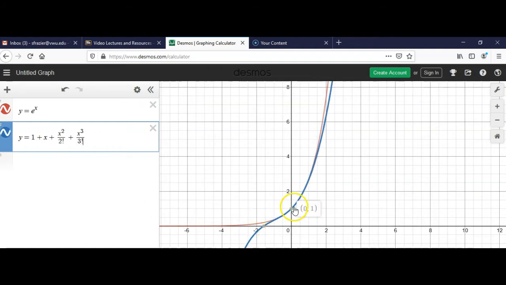So you can see as we add those terms, our blue curve starts to approach that e to the x curve. So if we continue to do this ad infinitum, you can see that the Taylor polynomial starts to become the e to the x function.